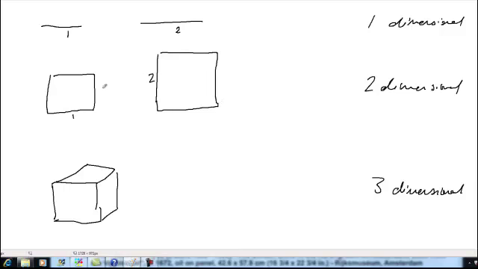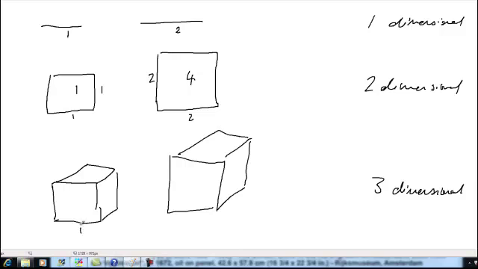So rather than having a 1 by 1 square, which has area 1, I've now got a 2 by 2 square, which has area 4. And similarly, for the cube, that's 1 by 1 by 1, which is 1, and a 2 by 2 by 2 cube is 8.